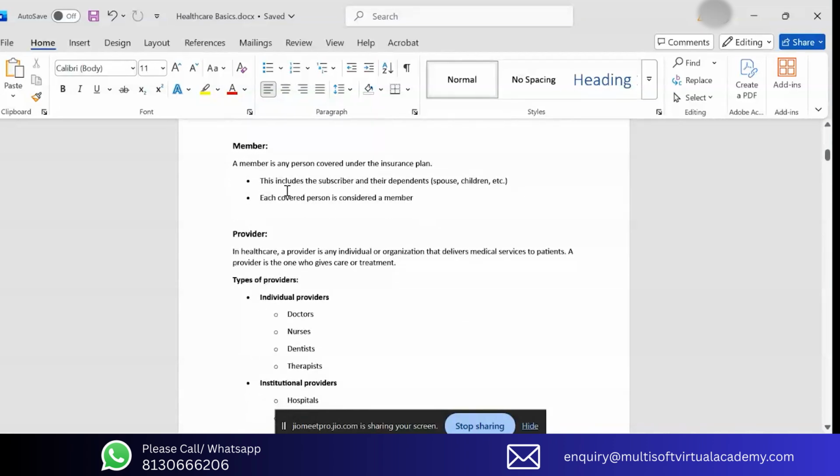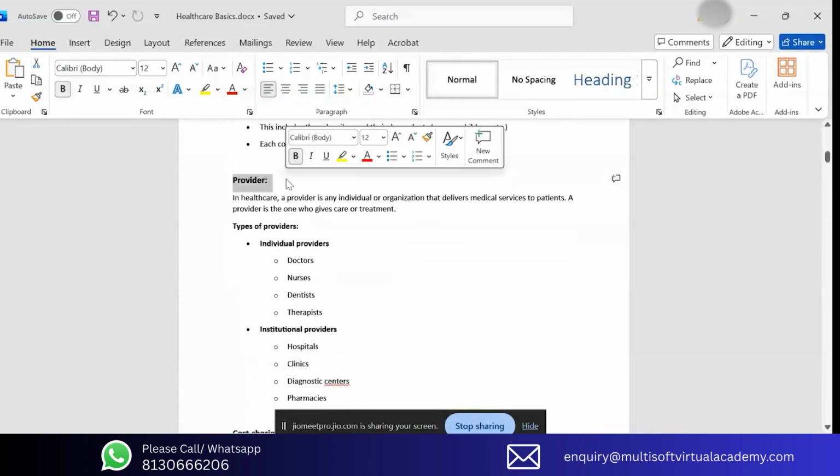So member, as we discussed. So provider, who's a provider? Typically a doctor, a hospital, or a facility that provides healthcare service. It is not only doctors, not only nurses. It is whoever gives a service to treat an illness. Those are called providers.